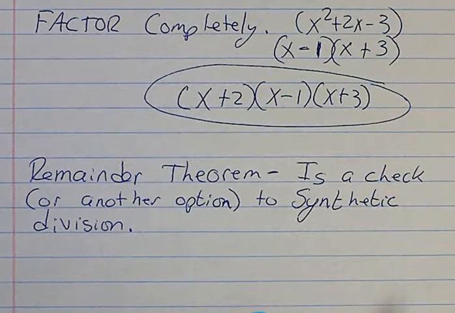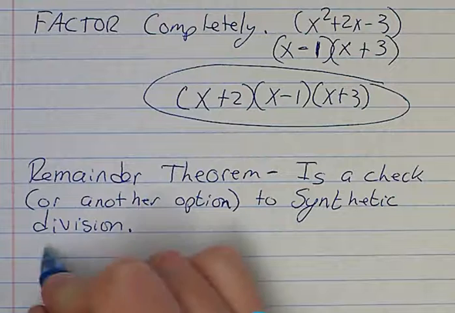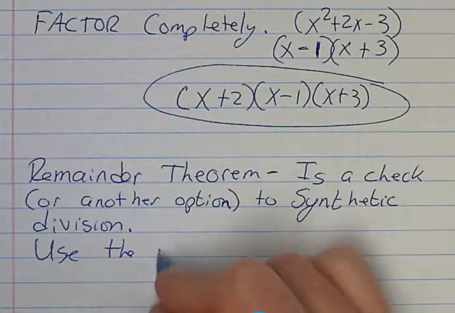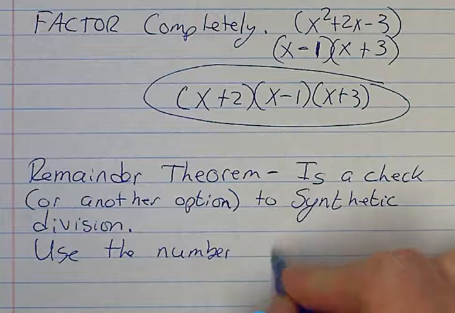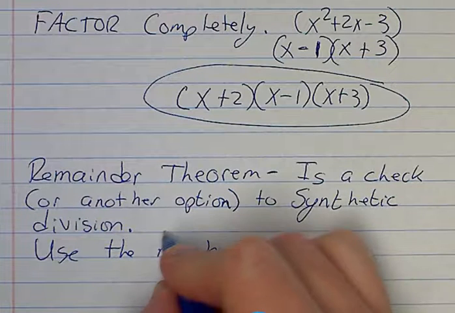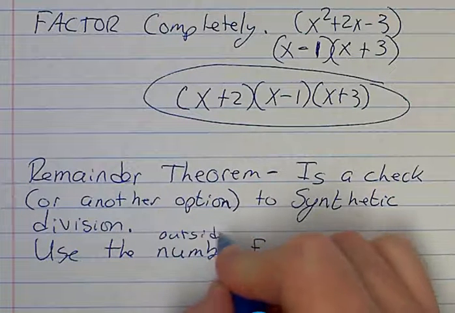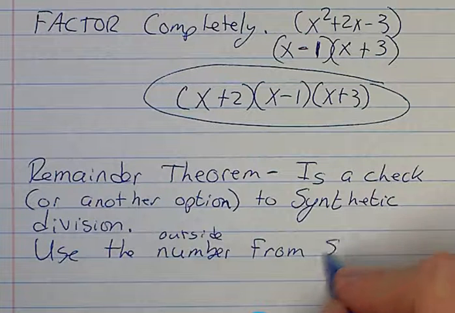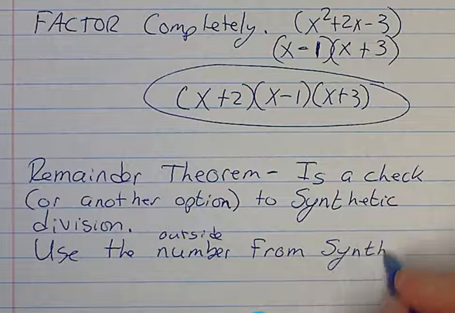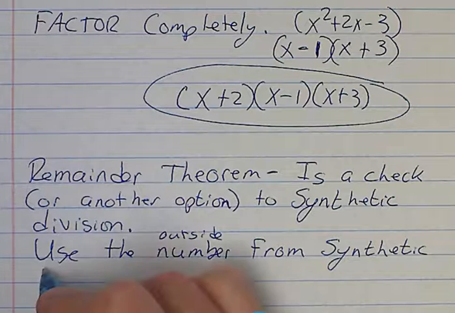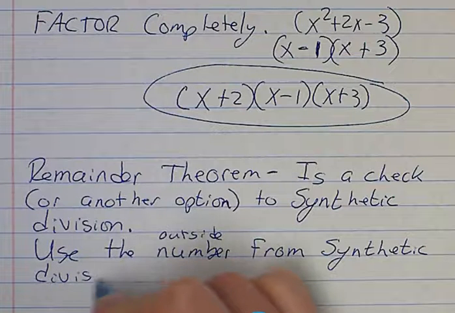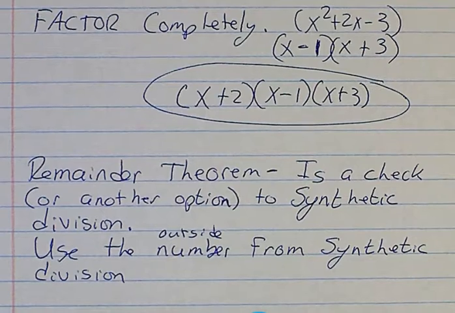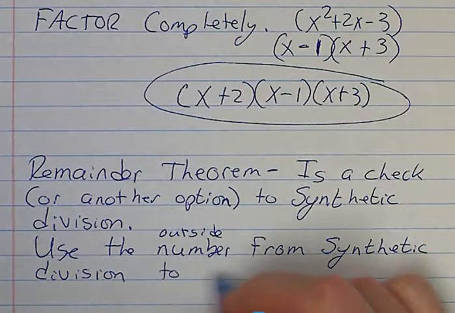Here's what you're going to do. You're going to use the outside number from synthetic division to evaluate the expression.